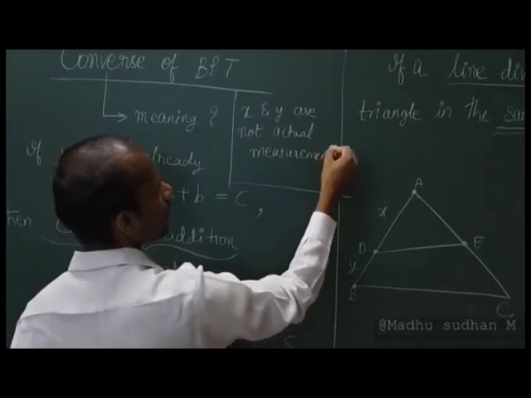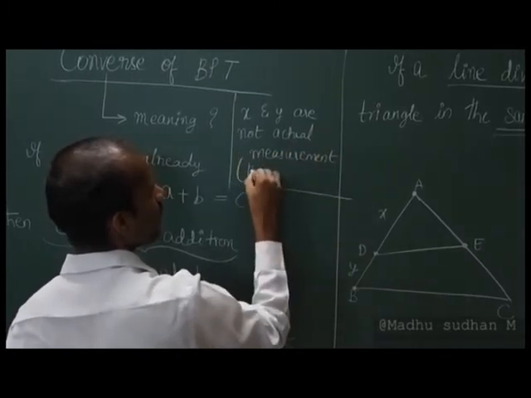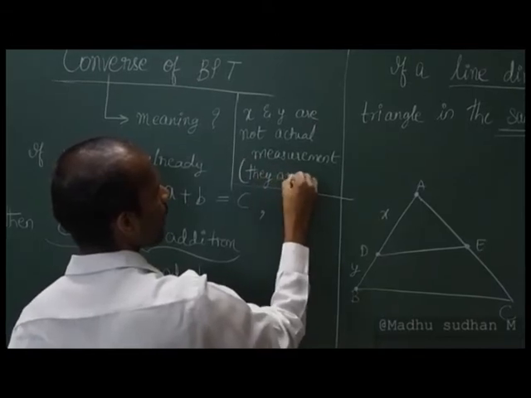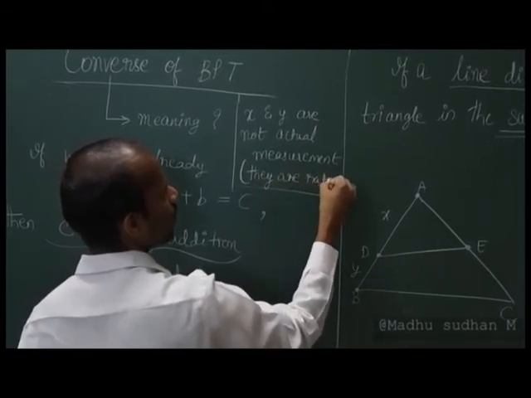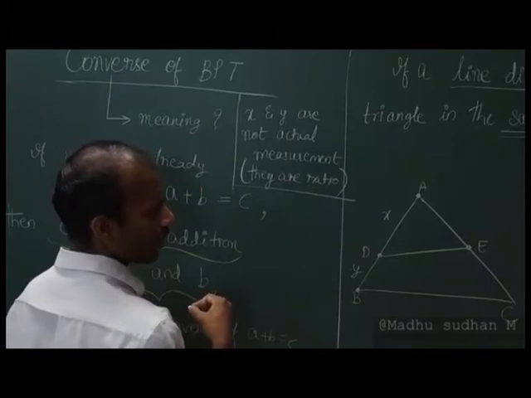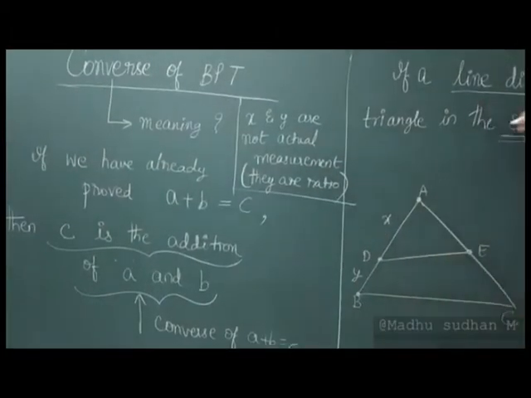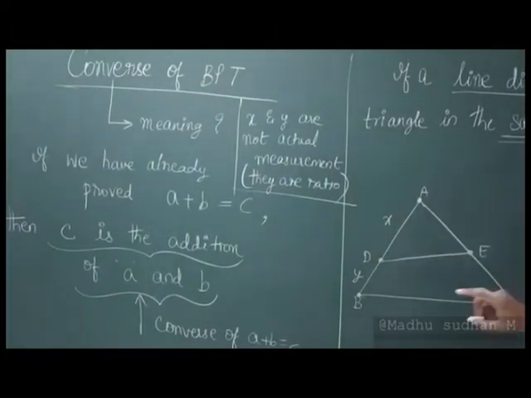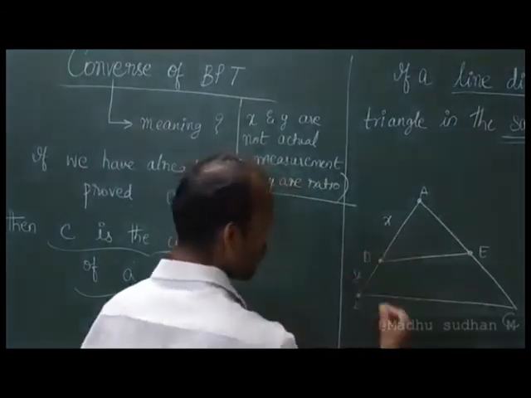So since they are a ratio, followed it? Then if a line divides a triangle in the same ratio, so here it is X by Y, right?